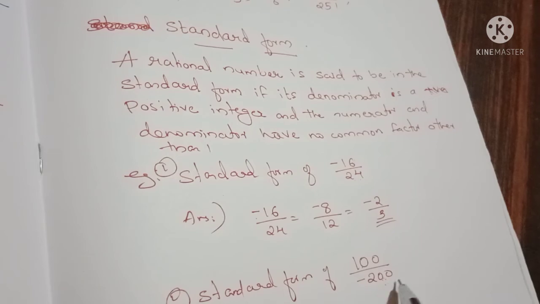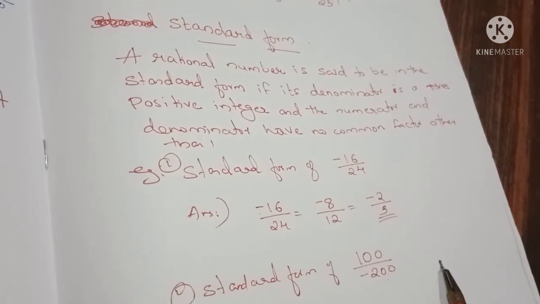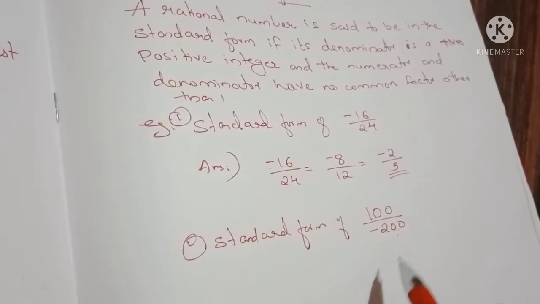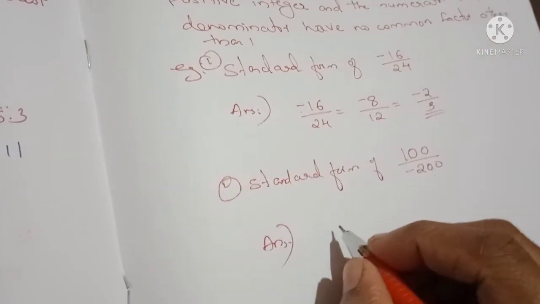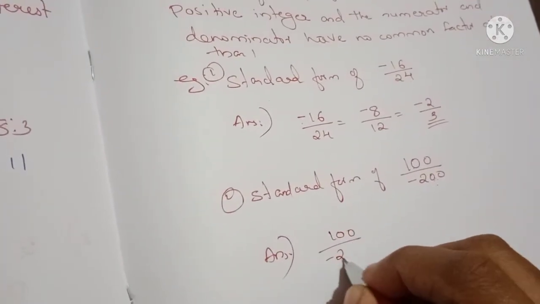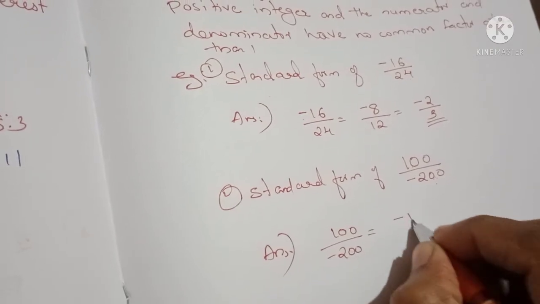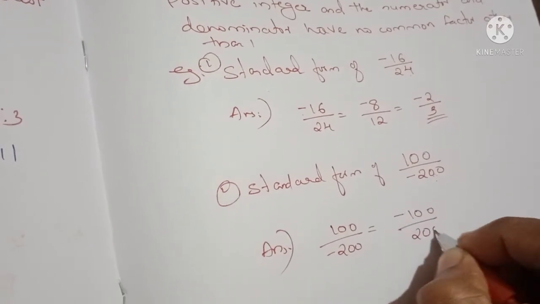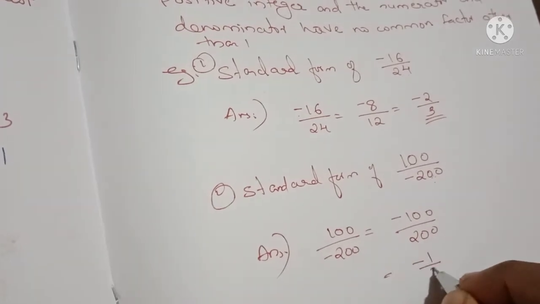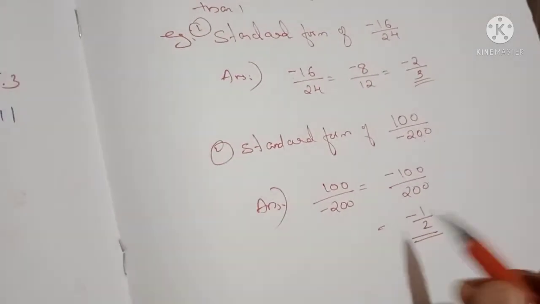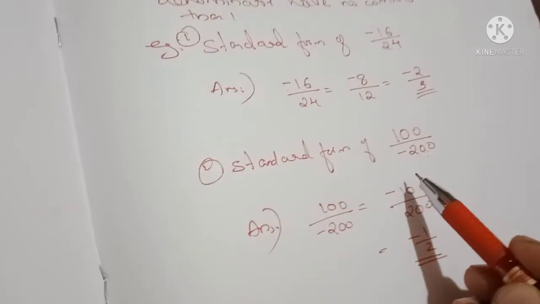Then the denominator should be positive, but here it is negative, so we need to convert that. How can we convert? Just give this minus to the upper side. That means minus 100 by 200. So we can cancel with 100. So minus 1 by 2. This is the standard form of 100 by minus 200.